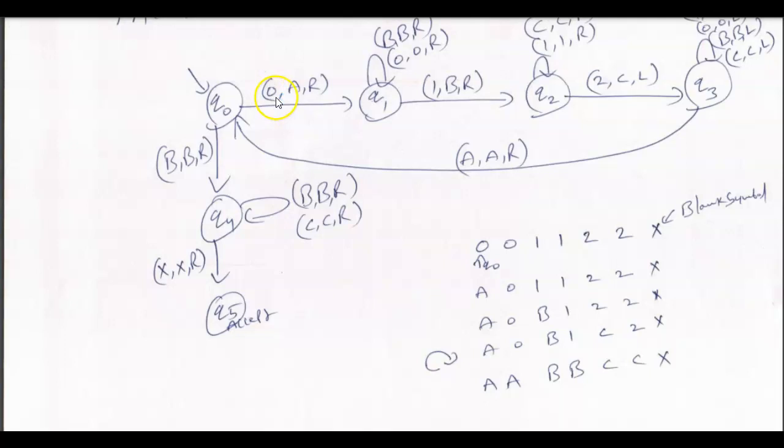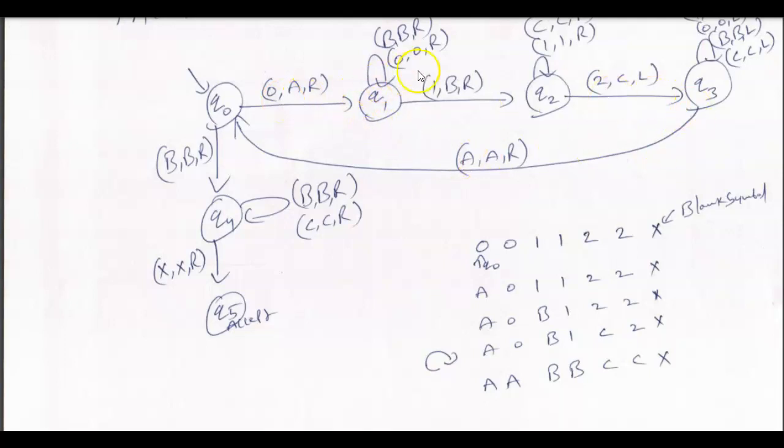After processing a 0, its corresponding 1, and its corresponding 2, there may be another 0. For that, we move forward to Q0. Again, Q0's purpose is to process 0. You got my point?